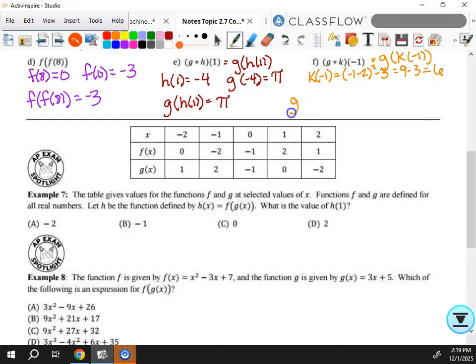Then g of 6 is what? Negative 2. Good. So g of k of negative 1 is negative 2. Any questions at all about that? Okay, none of those came up as not defined. So we're going to go back up here and talk about a couple of things.